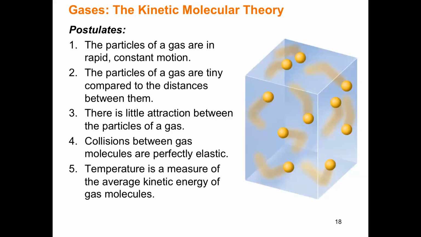All right, so the particles themselves can be very small compared to that distance. And because they fill up the entire container, the particles themselves don't interact very well, right? And when they do hit each other or the sides of their container, it's considered a perfectly elastic collision. So whatever angle they come in at, they're going to go out at, right?